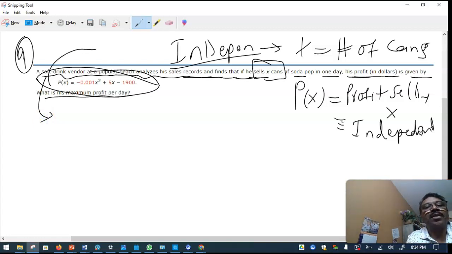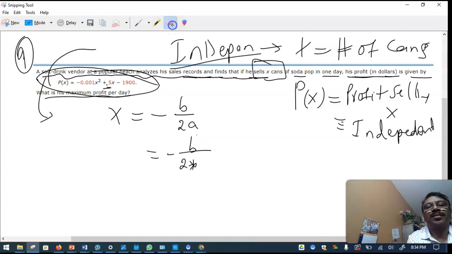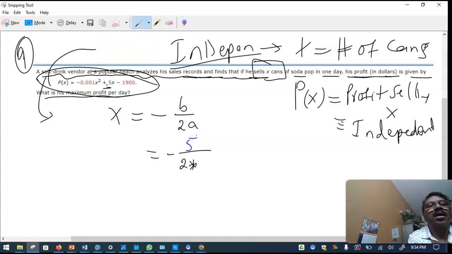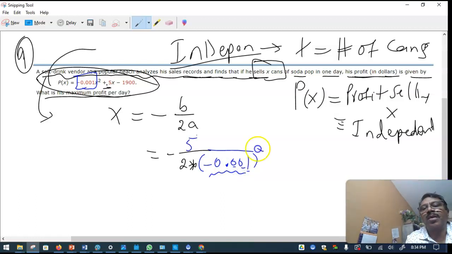Now if I want to do this using x equals minus b over 2a, we can easily do that. B is 5 here, and a is minus 0.001. To get away with the decimal, there are three places, so you multiply 1,000 up and 1,000 down.